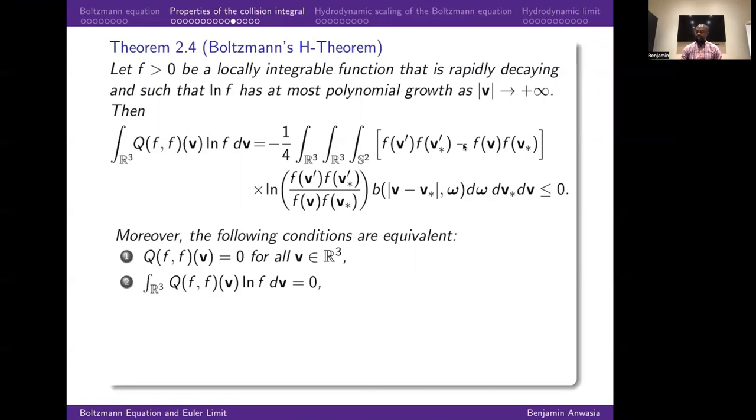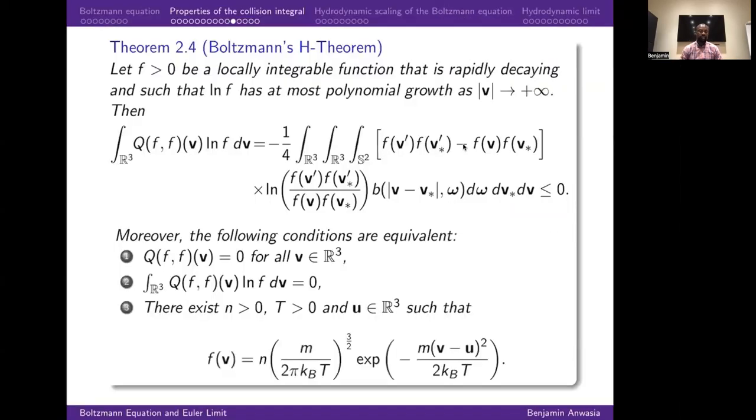And three, there exists an n greater than 0, a T greater than 0, and a u in R^3, such that the velocity distribution function is of the following form, where n is the number density, k_B is the Boltzmann constant, T is the temperature, u is the macroscopic velocity or the bulk velocity.